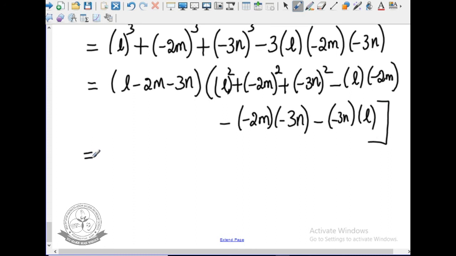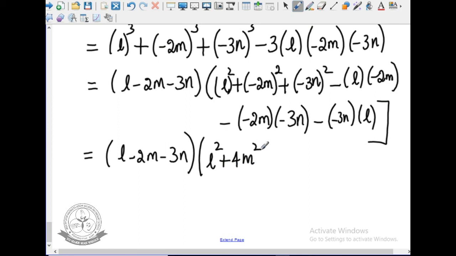When you are writing the terms, just be careful because we have negative symbols, so you may make some mistakes. So L minus 2m minus 3n, then this is written as L square, then minus 2m whole square, that is minus 2 into minus 2 you will get 4, plus 4m square, then minus 3n converted into positive, so 9n square, then minus into minus plus, so 2lm.